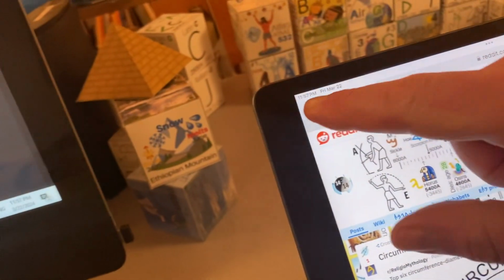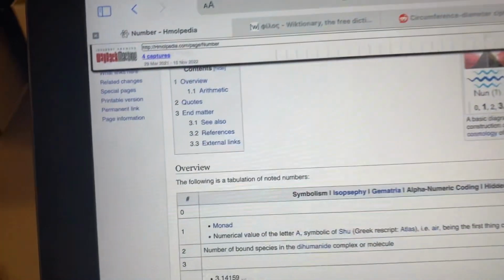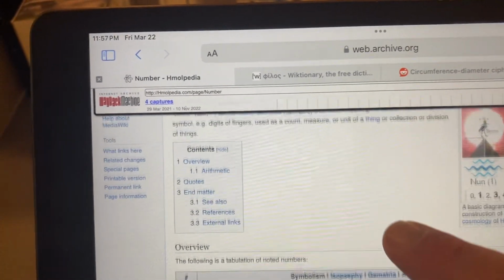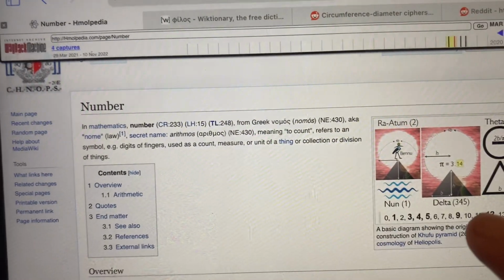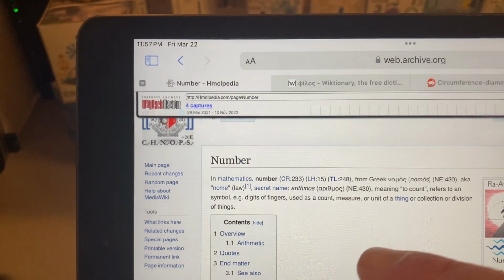So eventually this is going to be, or before the Reddit alphanumeric sub was started, this was all originally listed as the number table in HMLPD.